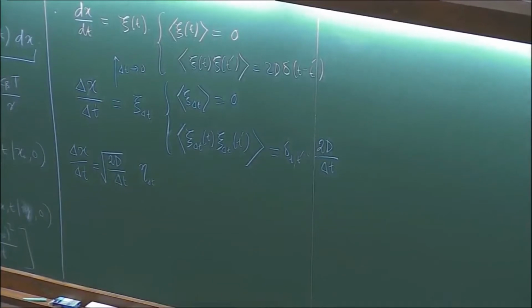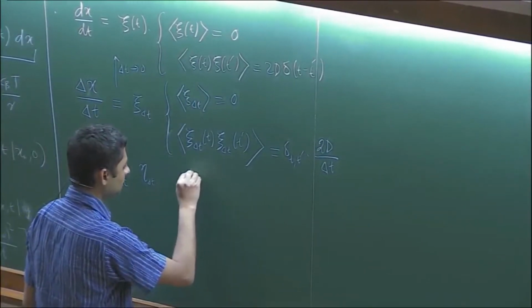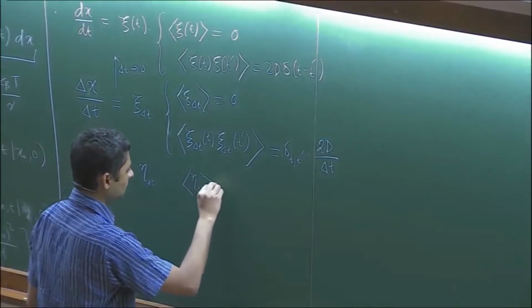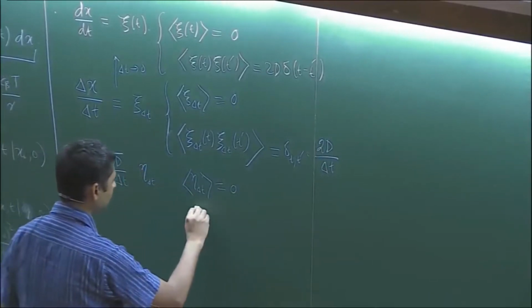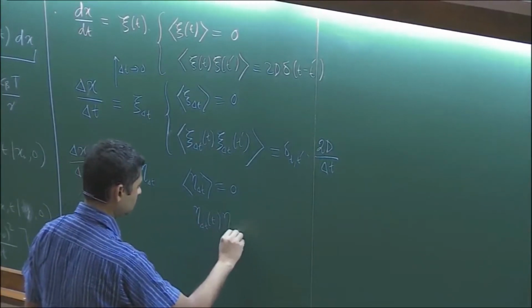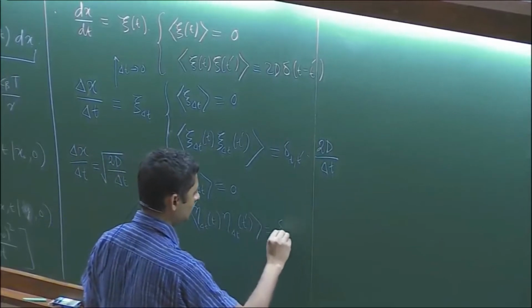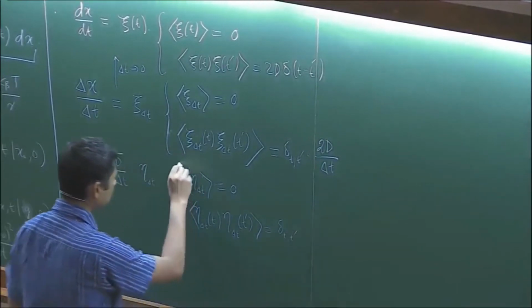So then this is 0 and t prime, so this is just delta t prime, right?